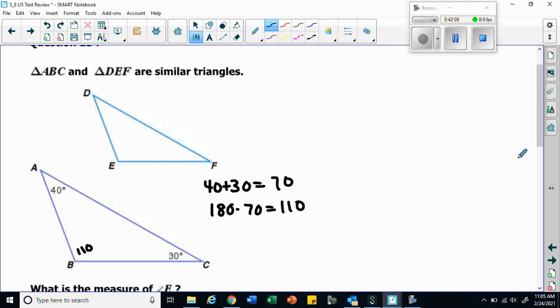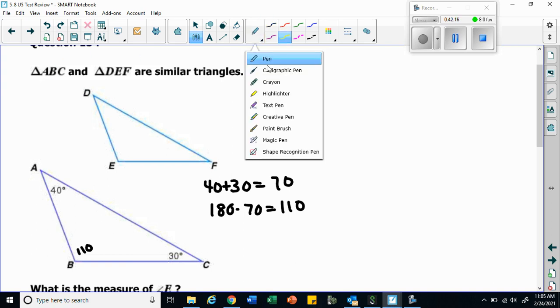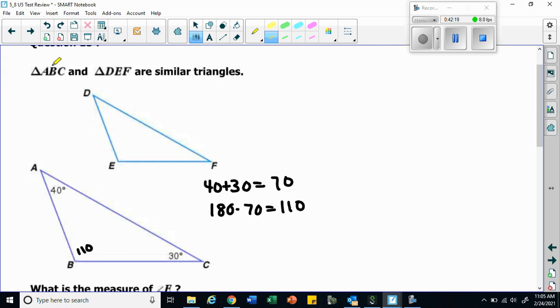Very good. So now I know all of my angles here. So what I'm going to do is I'm just going to highlight these. Let me highlight them. It will be easier if I do that. So my yellow angle, angle A, is going to be corresponding with angle D. Angle B is going to be corresponding with angle E. Angle C is going to be corresponding with angle F. Okay, do you see that?